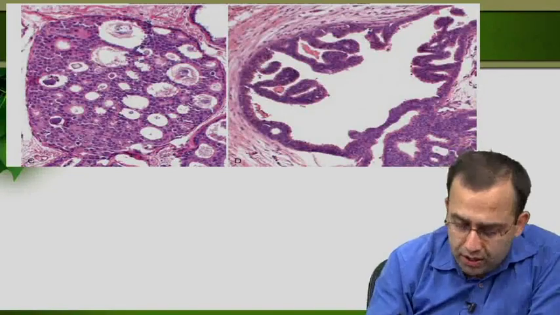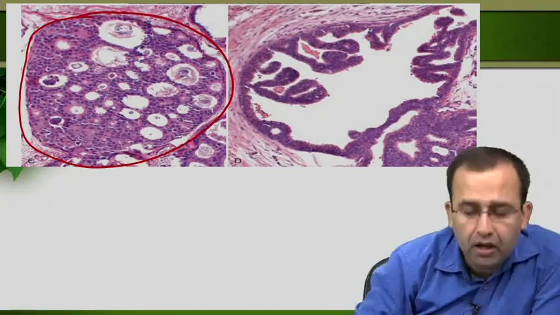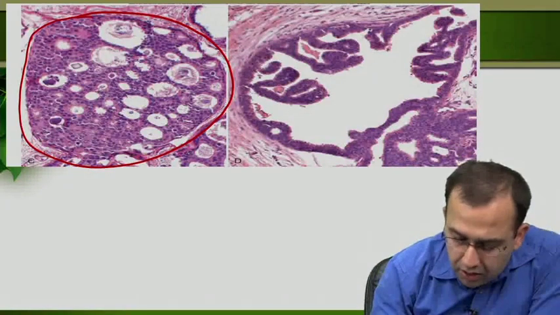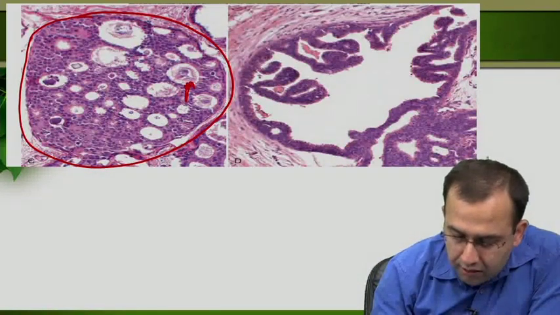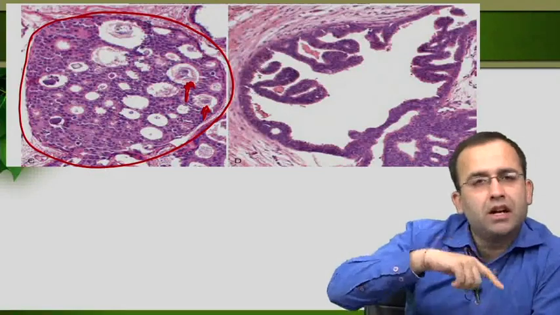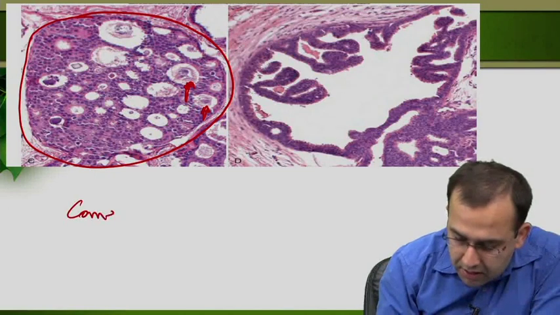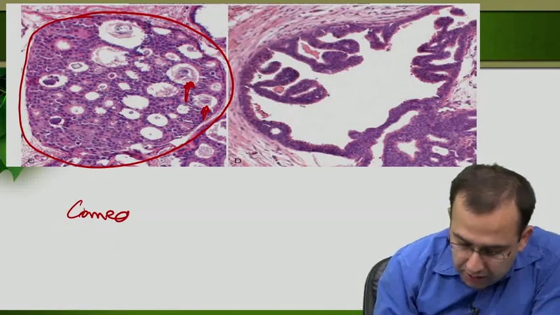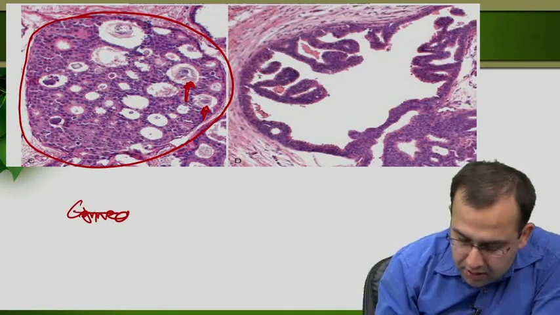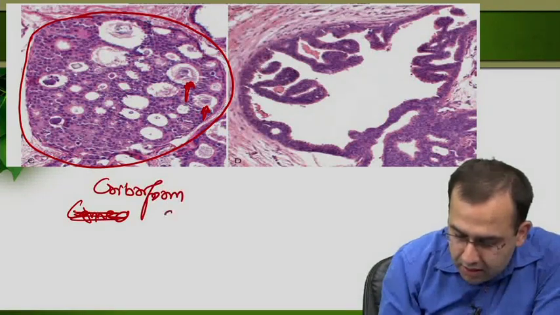Now coming to the next set, what you see here is again the presence of an enlarged duct with round spaces. Remember, epithelial hyperplasia had elongated slit-like spaces. These are the round spaces. Diagnosis, cribriform type of DCIS.